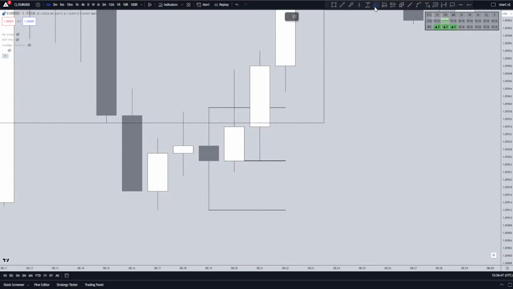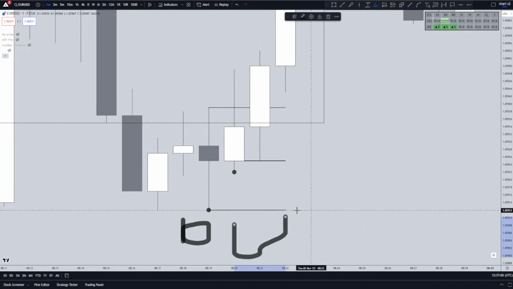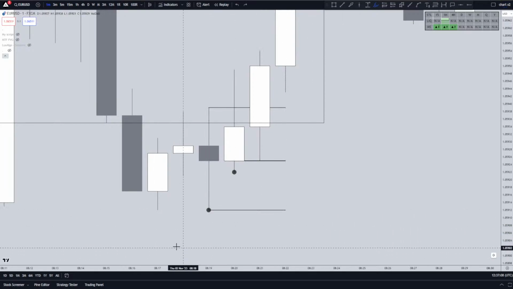But imagine this low is a 4-hour low, and that's the daily low. You have what? You have a multi-time frame order flow. Or this is the previous day, for example, this is Wednesday, this is Tuesday. So you have a low of the week. Oh jeez, I can't write. So imagine you have the low of the week and that's the low of the day.